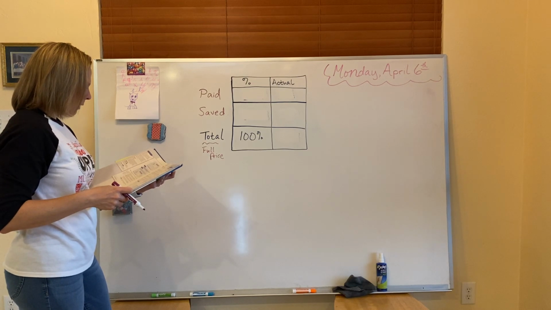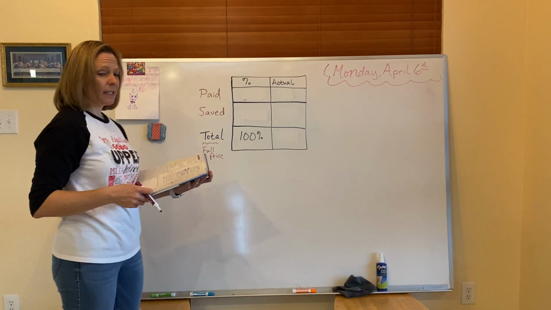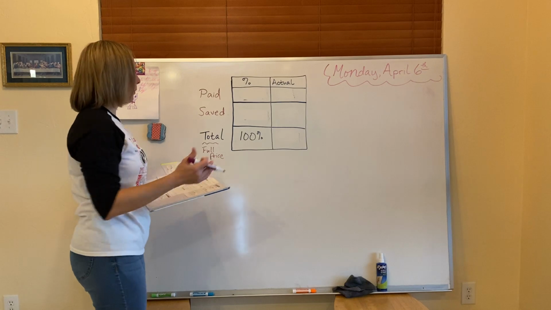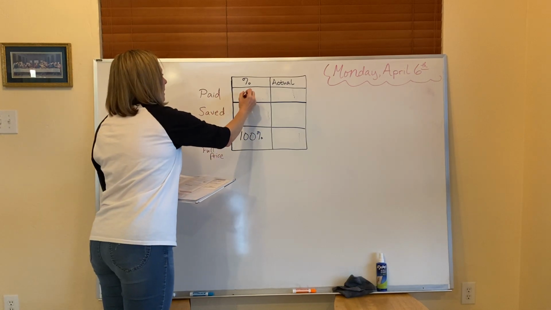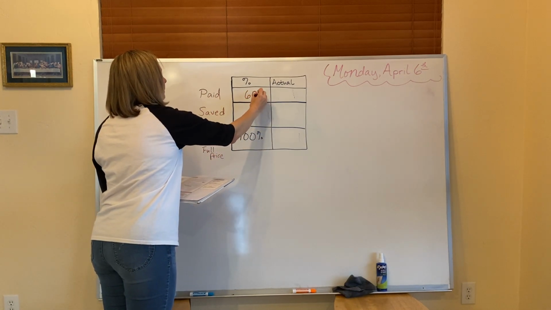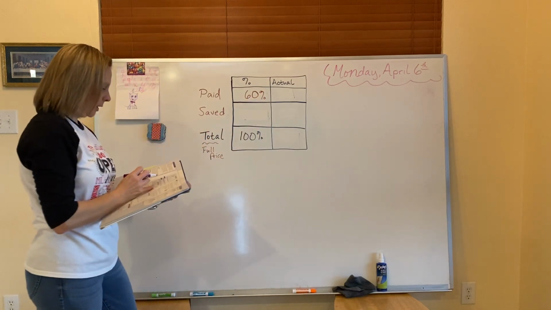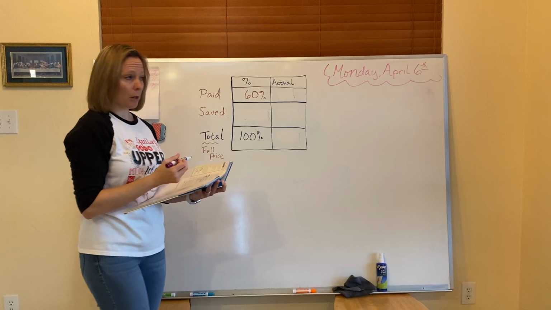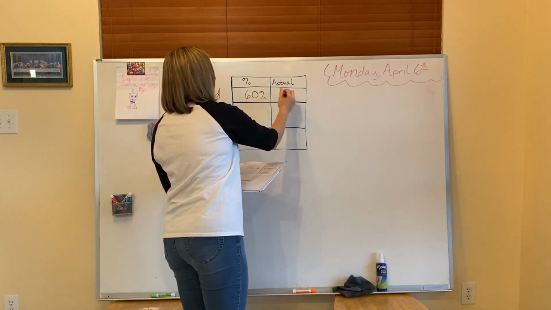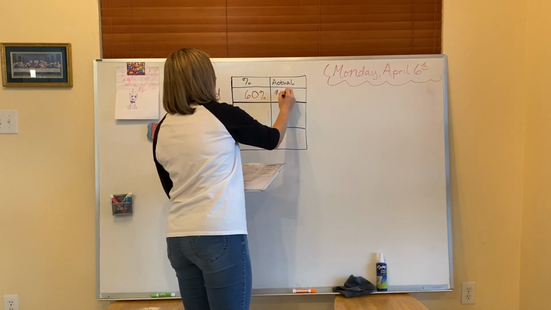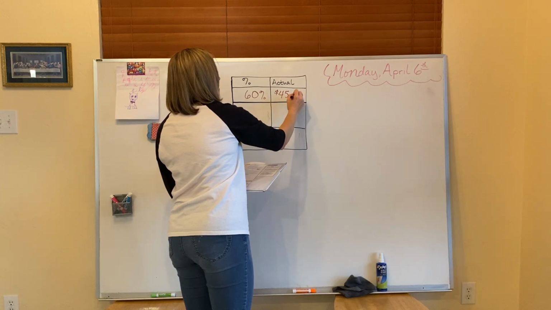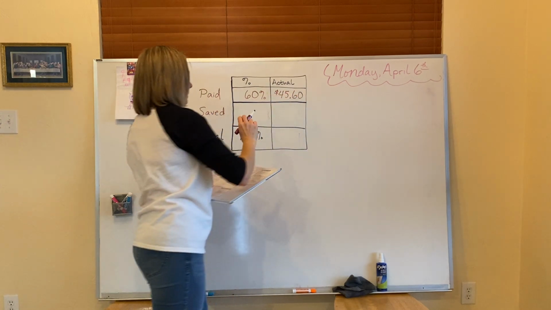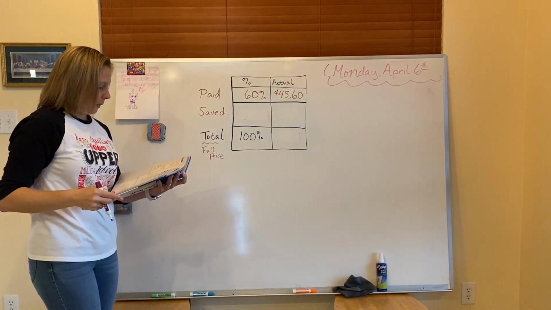Let's see. We know that he paid 60% of the full price. So he paid 60%. What else do we know from the problem? We know how much he paid. It was $45.60. That was the actual paid. What are we looking for?